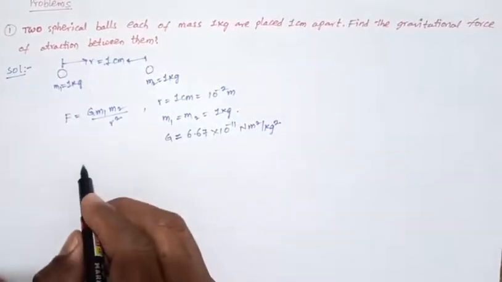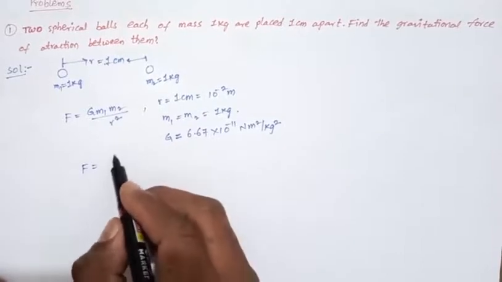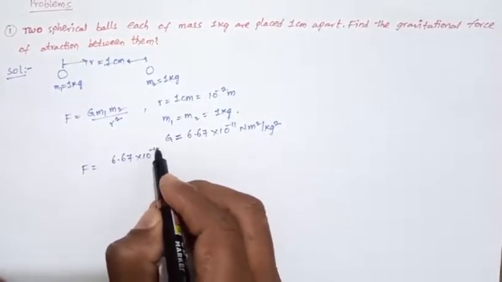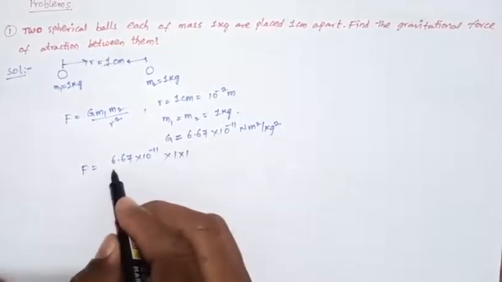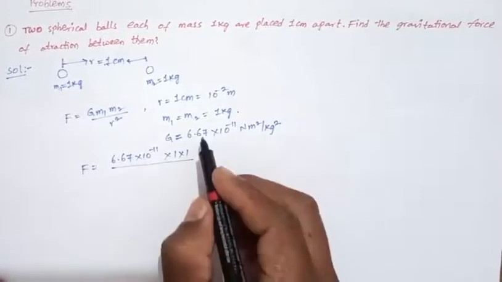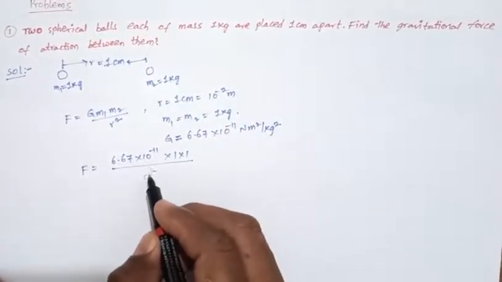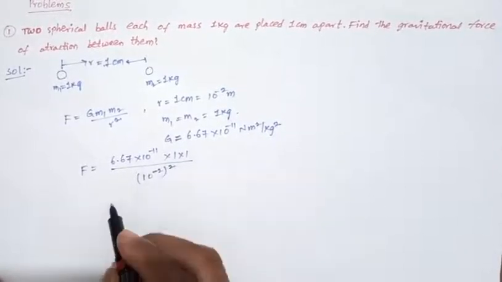Okay, substitute the values. F equals G, 6.67 into 10 to the power of minus 11, into 1 into 1, divided by r, which is 10 power minus 2, whole square.